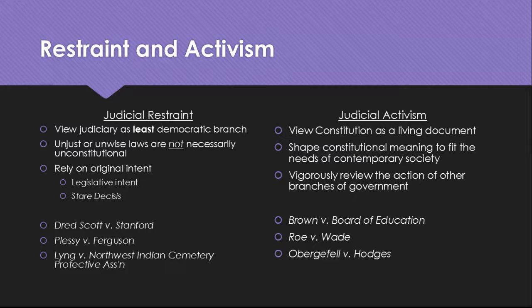Certain things that might have outgrown society can be reinstituted through the Constitution, and the founders actually intended for it to be a living document because society's needs change, and as society changes and grows, so should the document. That's why they intended it to be so short and so vague in many cases. And so they shape the constitutional meanings of certain things to fit the contemporary needs of society.